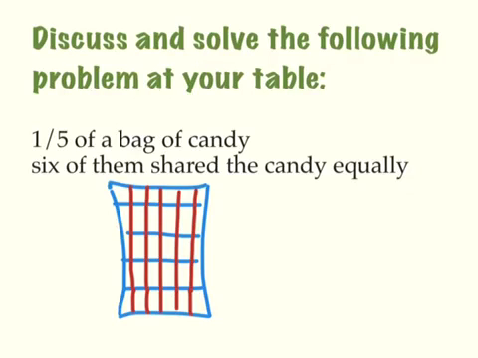When looking at our bag of candy now, I see that it's a 6 by 5 grid, and so each one of those squares is 1/30th. So if one person had this out of the entire bag of candy, that's 1 out of 30, or 1/30th.